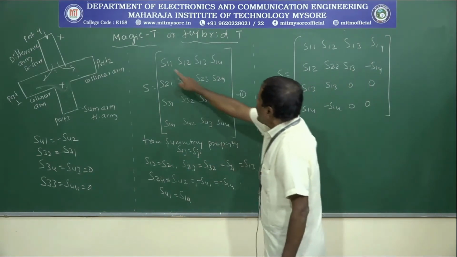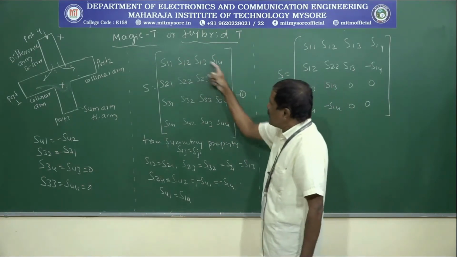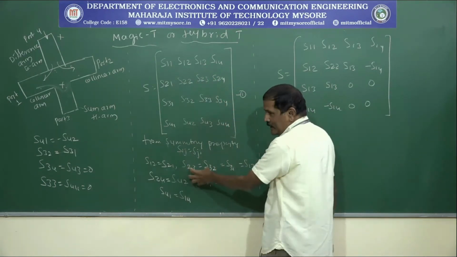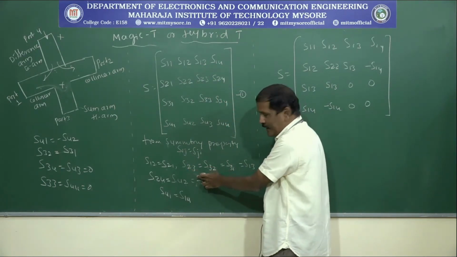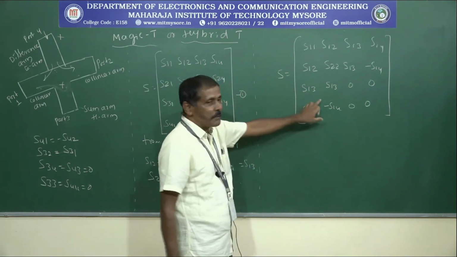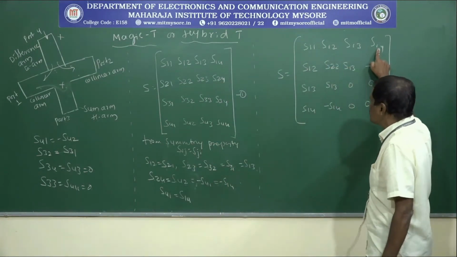Now, in this S matrix, these values are replaced by the equivalent values we are getting here. Once you replace them, the matrix becomes like this: S11, S12, S13 and S14.